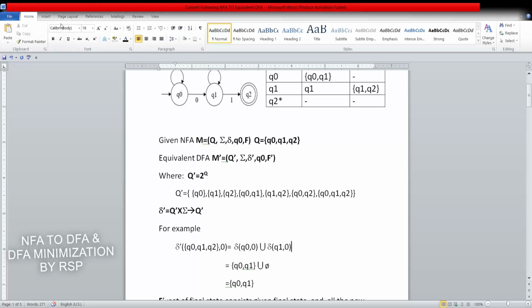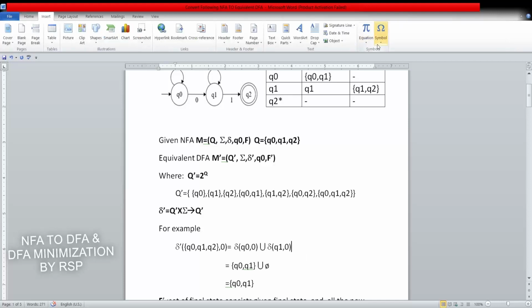So whatever number of states are given and the input symbol, according to that we consider the transitions. If it is three states, you can take a union of three transitions. Each single transition we can take from the NFA transition table itself. So this is one example of how to find the transition.